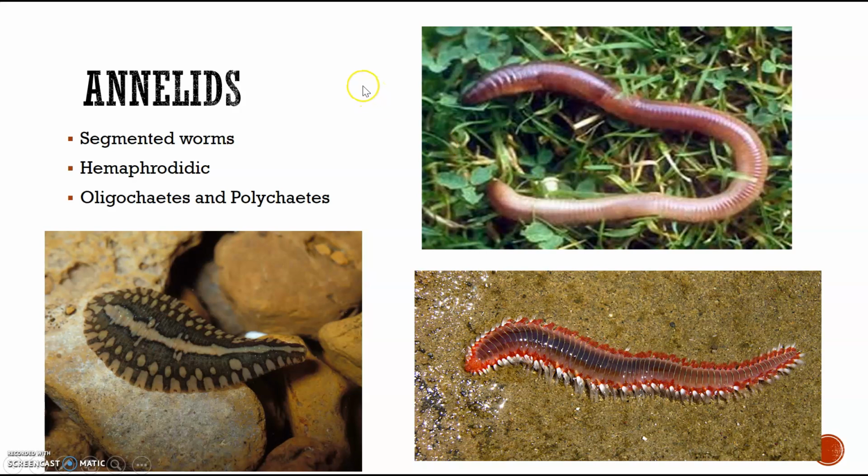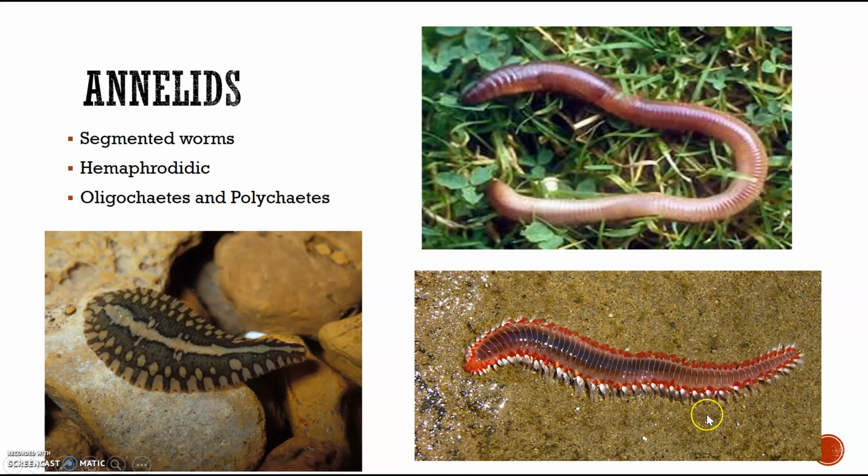Then we have annelids. So these are the classic, what you think of as a worm, right? If you've ever dug up a garden, turned over a rock, you've seen one of these earthworms, right? So this is a nightcrawler. You can see all of the individual segments that have hairs on them called setae. These are the oligochaetes. So our earthworms and our leeches are our oligochaetes, and then there are also polychaetes, which are these marine species.